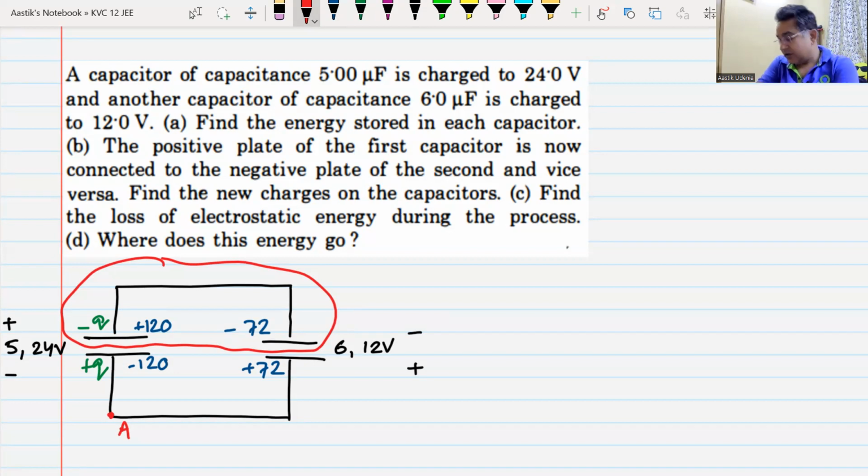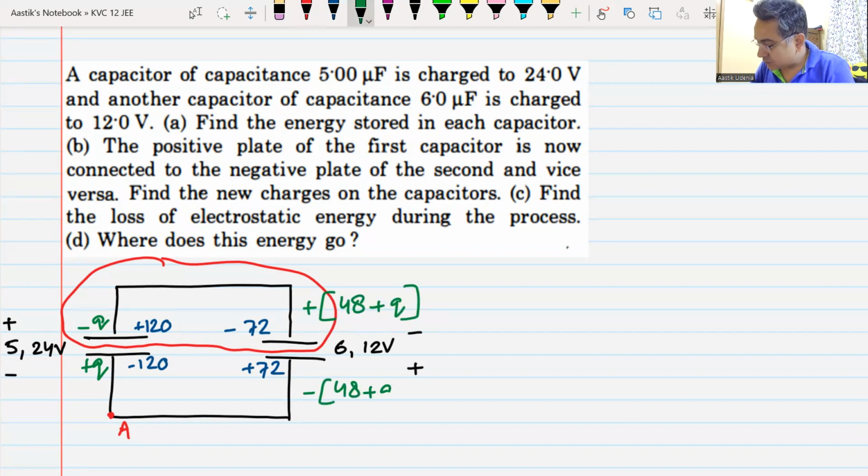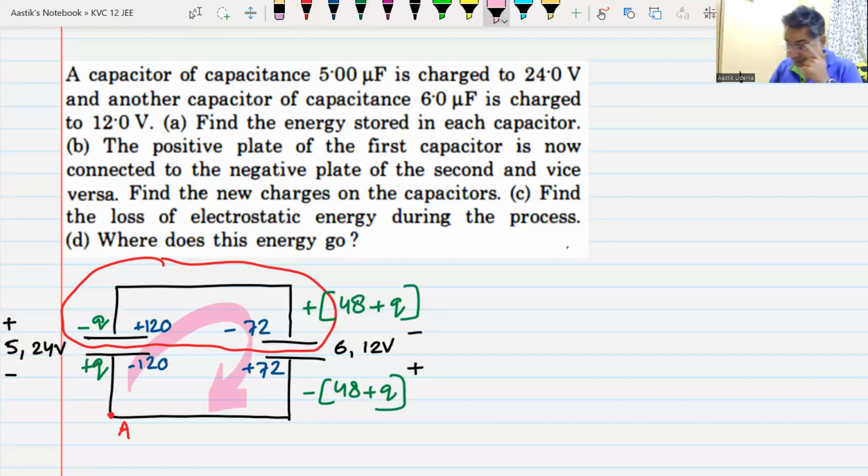Yes, sir. Let me call this plate a positive plate. So what is the charge on this positive plate? 48 plus Q. Yes or no? Yes, sir. On this plate, it will be minus of 48 plus Q. Can anyone tell me what is the equation I am going to get?